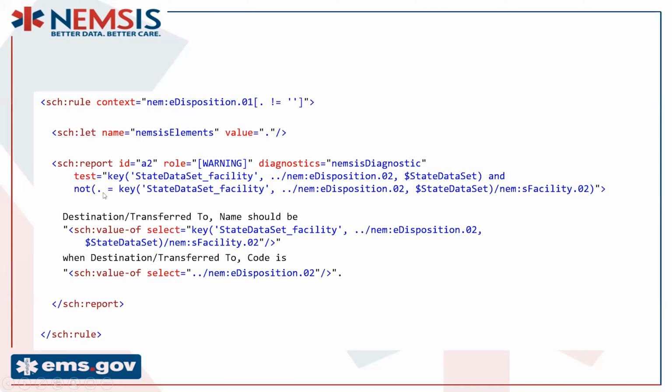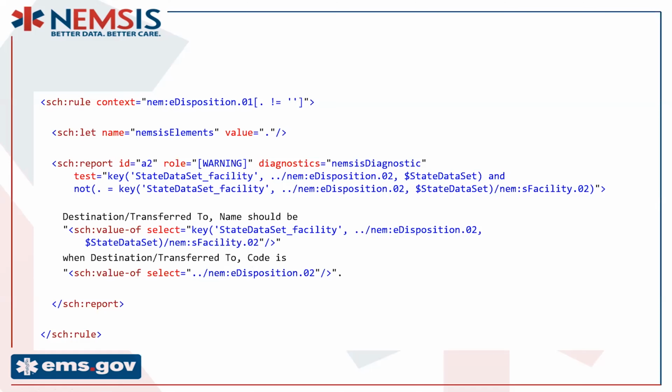The warning message can be more precise, because here we're going to say that the destination name should be, and we'll actually do that key lookup again and give them what the value of the destination name should be from the state data set list. So destination name should be XYZ when destination code is 123 or whatever. So there's how we use the key lookup to do something a little more complex, still relying on data in our state data set.